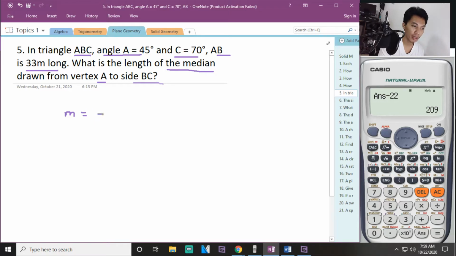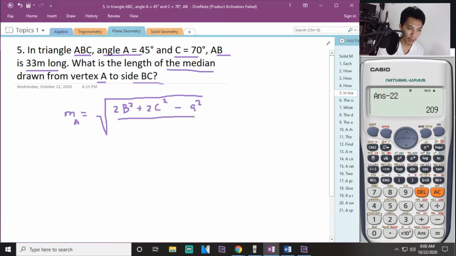O ito, square root ng twice nung side na hindi mo gagamitin. 2b squared plus 2c squared minus a squared over 4.